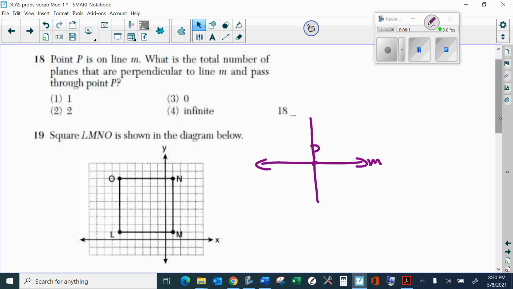Okay, we've got that one. That is in that plane, but I could have, there's only one there. Let's see.